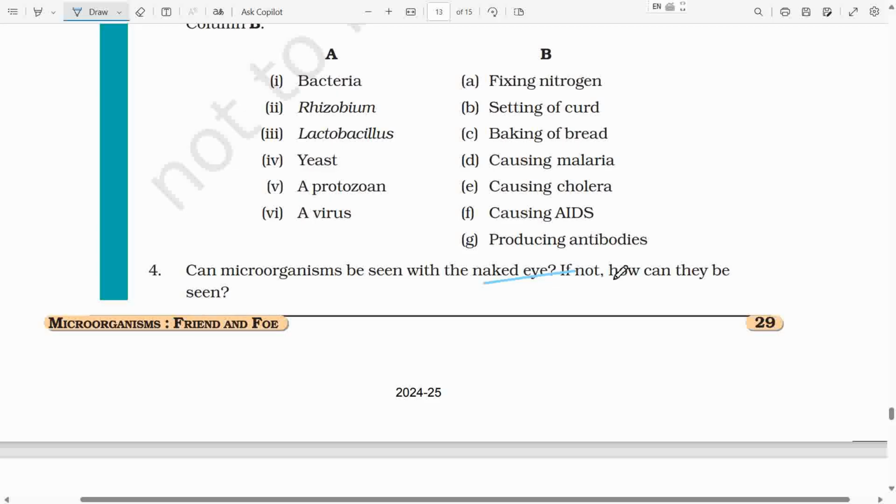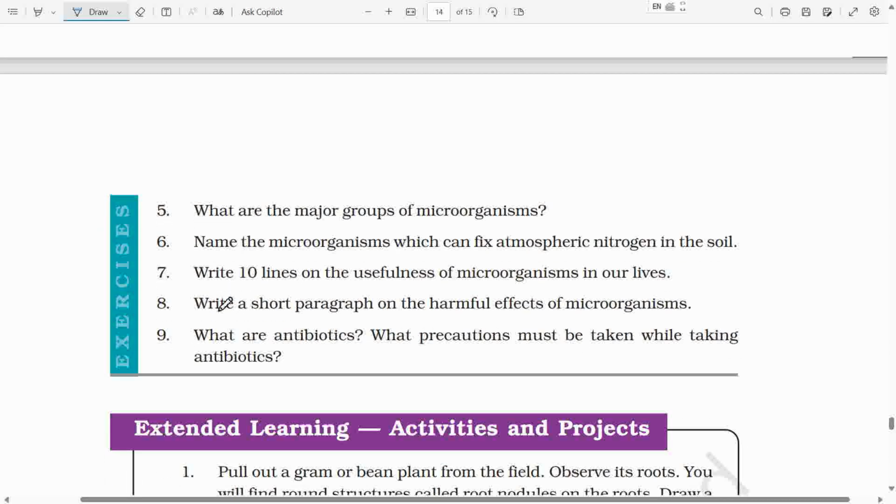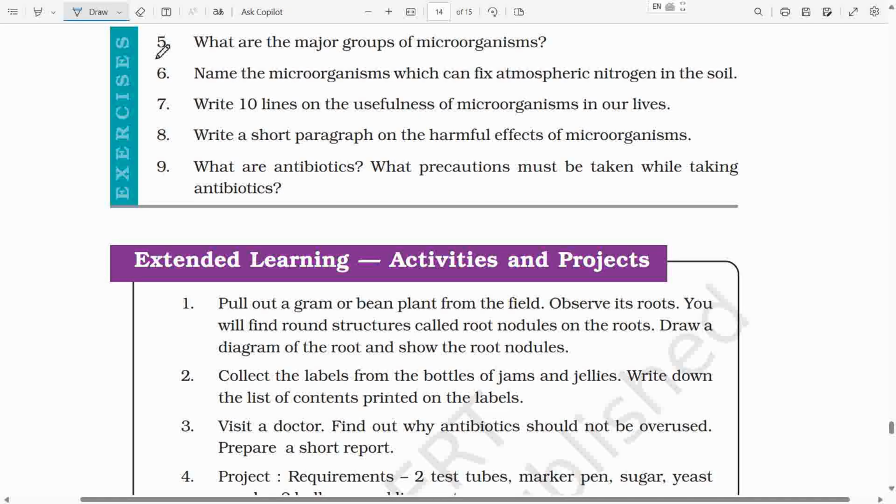4. Can microorganisms be seen with the naked eye? If not, how can they be seen? Page 30. 5. What are the major groups of microorganisms? 6. Name the microorganisms which can fix atmospheric nitrogen in the soil. 7.